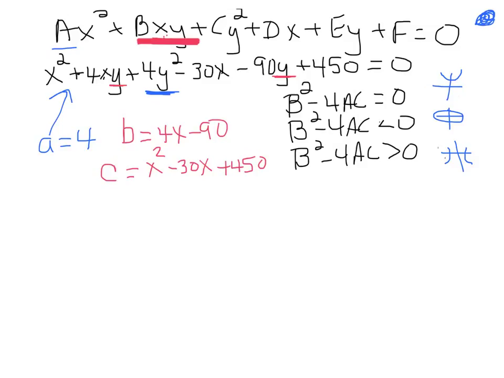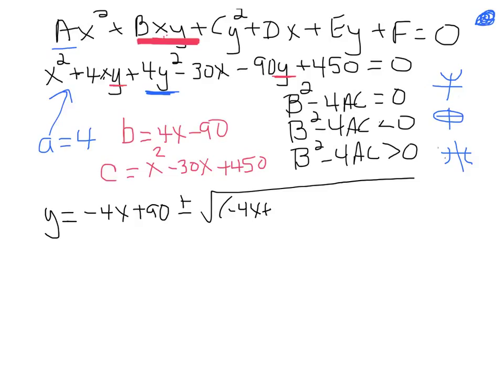We're going to write it out like y is equal to, and you remember the quadratic formula is negative b, so we have to negate the b part. That's going to be negative 4x plus 90, that's our negative b, plus or minus the square root of b squared. So we have to take that 4x minus 90 and square it. That's your b squared minus 4 times a times c. So I'm going to squeeze this all under the radical.